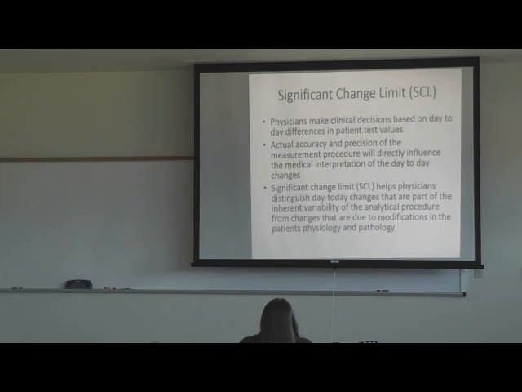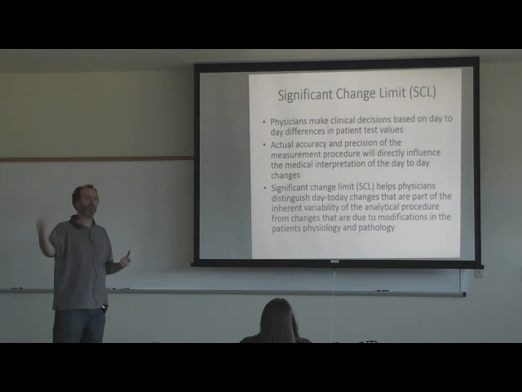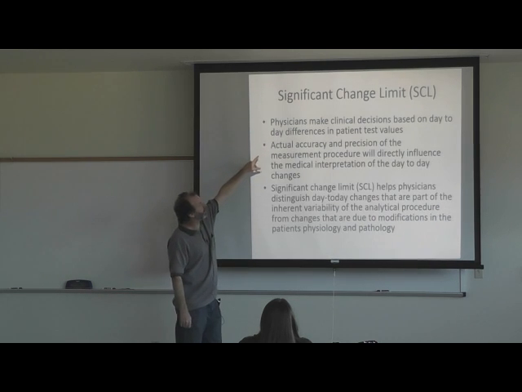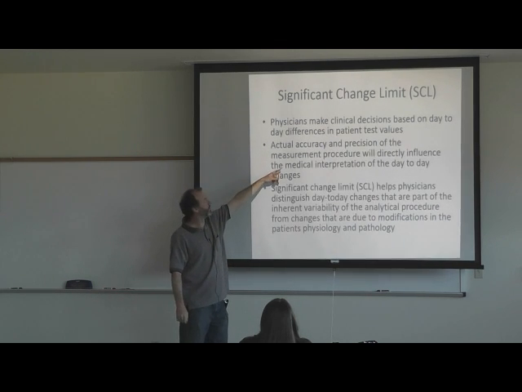They have these significant change limits. Basically, if you're taking values from patients daily, there's going to be normal variation, daily variation between those. So physicians will make these clinical decisions based on day-to-day differences in patient test values.